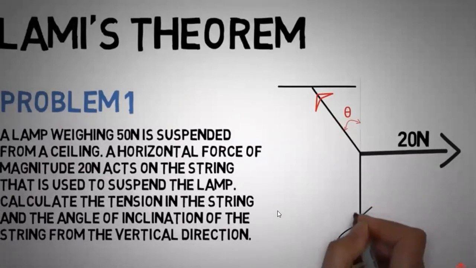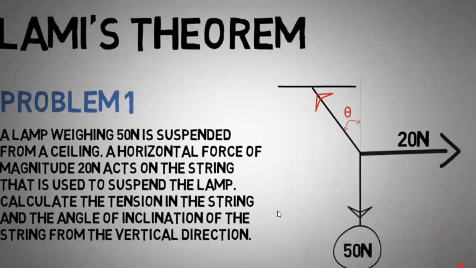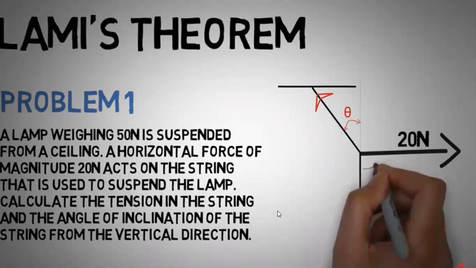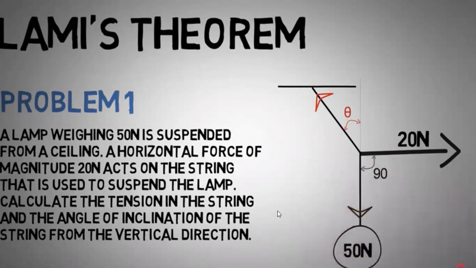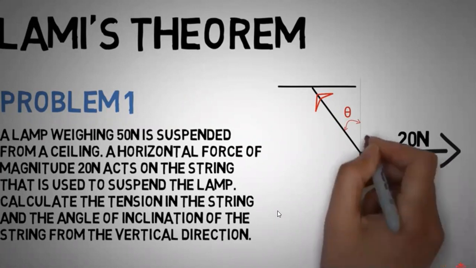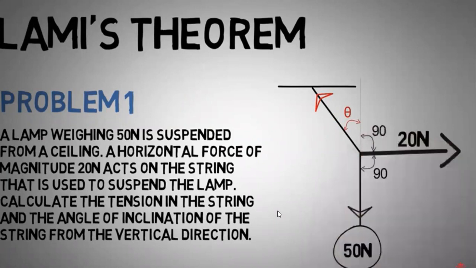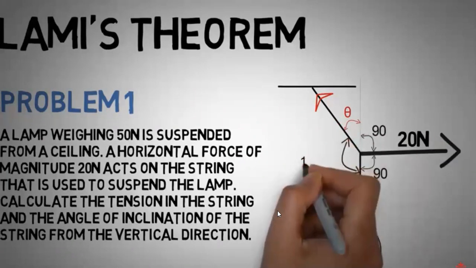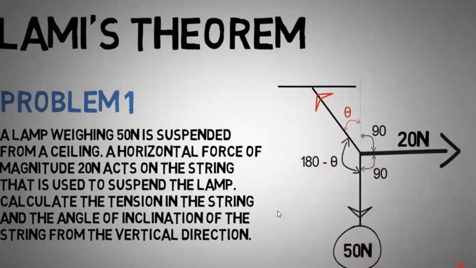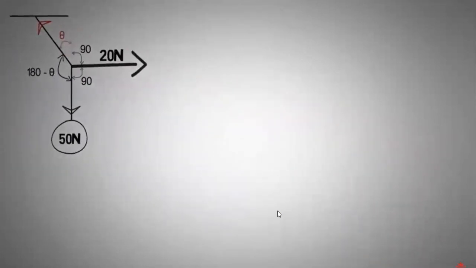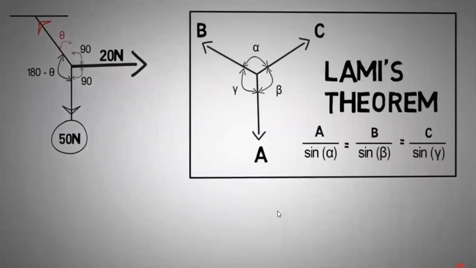The weight of the lamp acts vertically downwards. The angle between the vertical force and the horizontal force is 90 degrees. This angle is also 90 degrees. This angle is 180 minus theta. Now, let's try and apply Lamy's theorem to this problem.